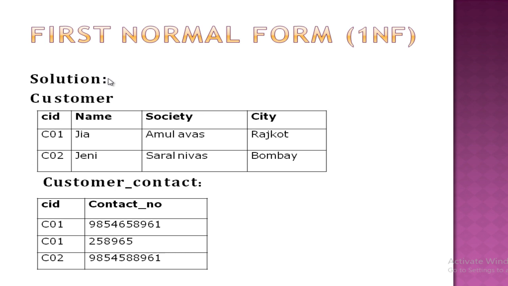I have already mentioned the first approach and second approach, so you have to follow these two approaches. Whenever they ask about the first normal form, you have to write first the criteria, then what problem arises, and the solution to the problem with the example.